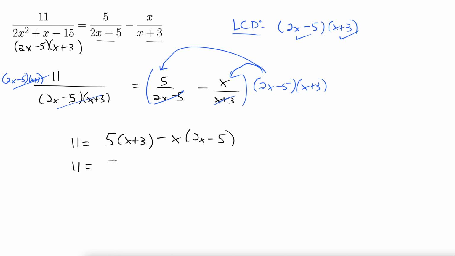11 equals 5x plus 15, distributing the 5, minus 2x squared plus 5x. Well, these 5x's combine to get 10x.